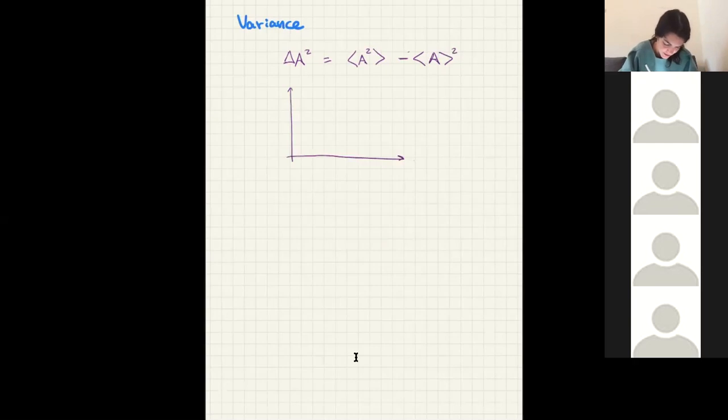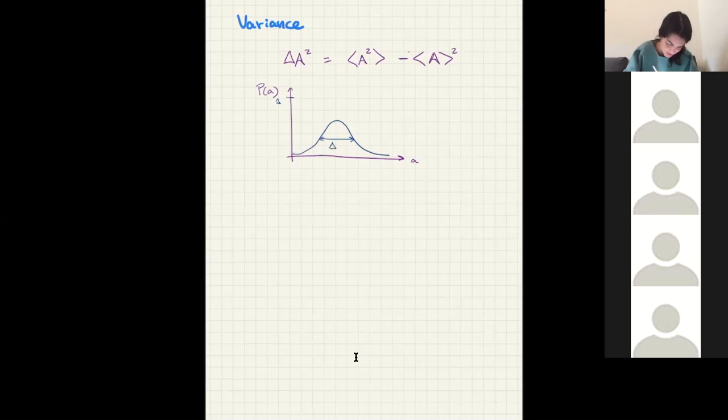So if these are the possible values for the eigenvalues for A, for example, different X or different P, and this is the probability of measuring that outcome. Suppose we have a function of this kind, and we'll see later a specific example.